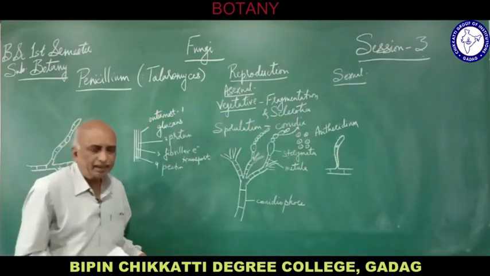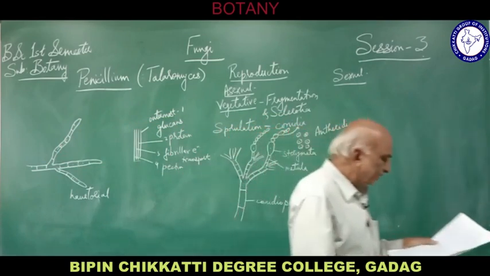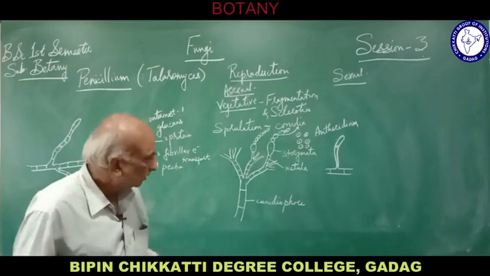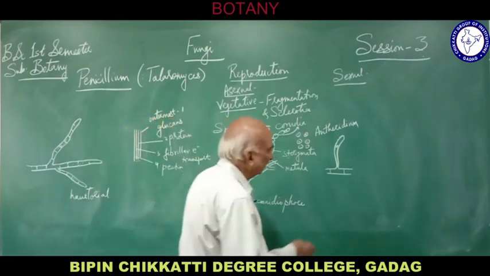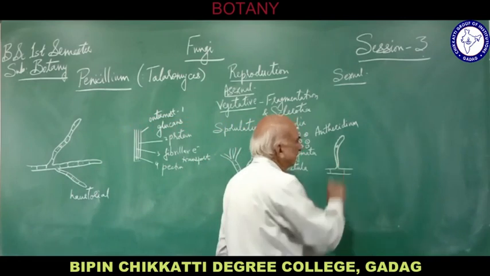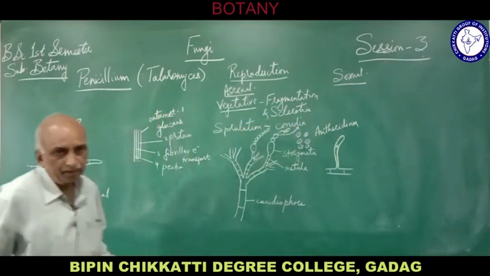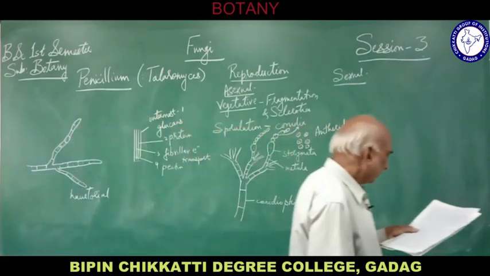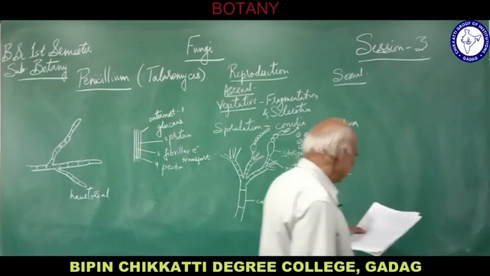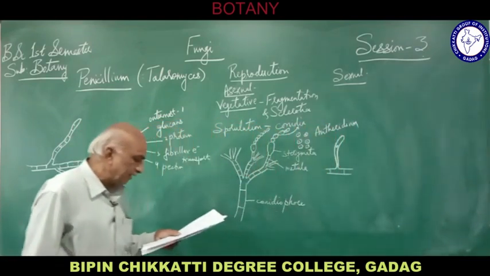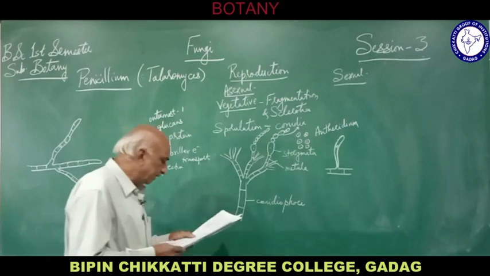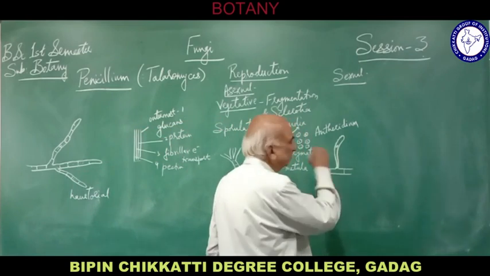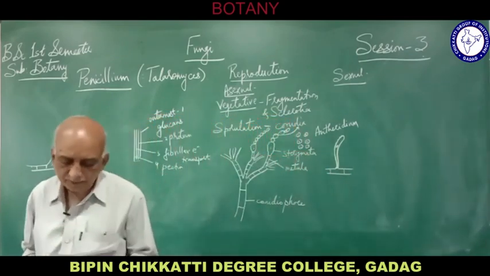This antheridium is a short club shaped structure, and it is produced at the terminal part of any hypha. Any hypha produces the antheridium at its tip, not in the middle. The male branch is somewhat inflated and it is separated as the antheridium by a septum. There is a septum there and this separates the antheridium. That is how the antheridium is produced.